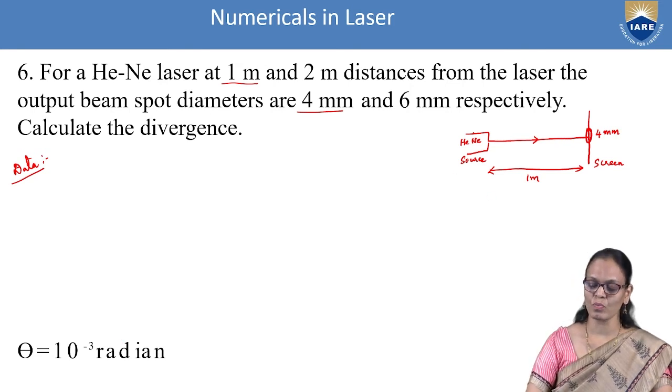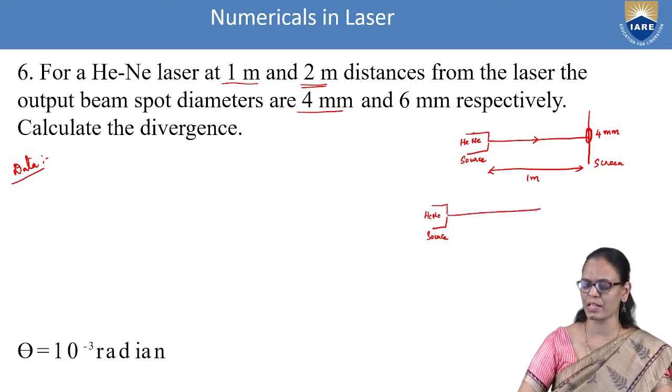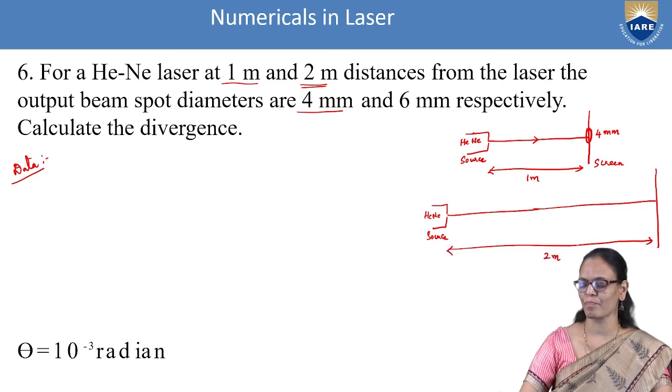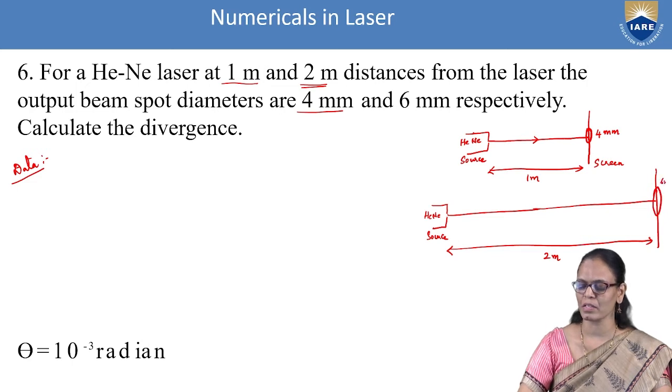Now when the distance is 2 meters, the same thing, we change. When the distance between the source and the screen is increased to 2 meters, the diameter of the spot that is formed is 6 millimeters.